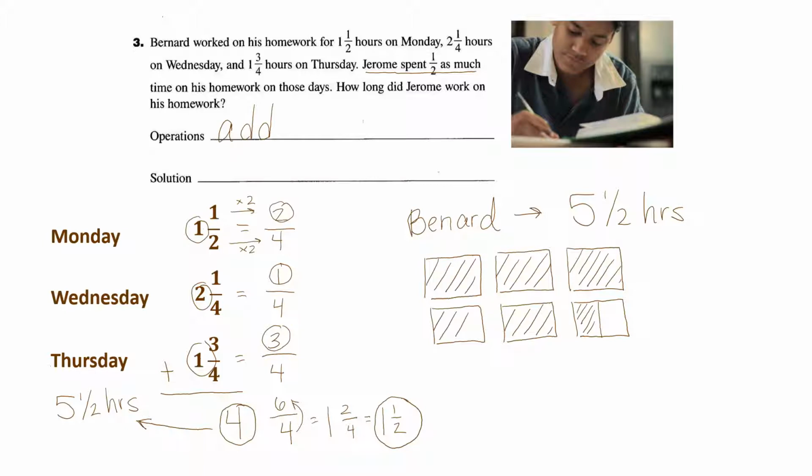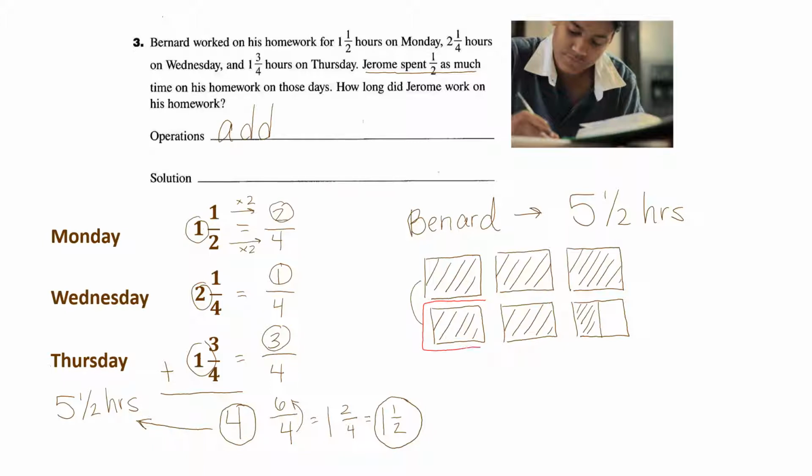And we know that Jerome is going to spend half this amount. So let's divide this in half. I have 2 blocks here, 2 hours here. So let's say that Jerome, I'm going to change my color here. Half of these 2 would be this.